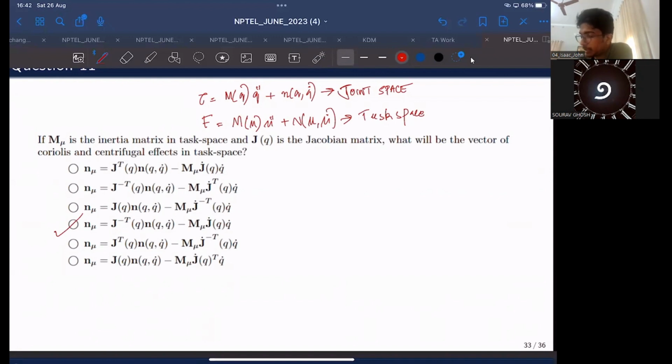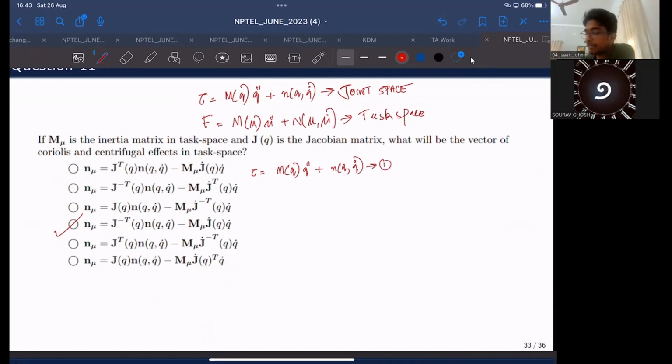Because we'll derive from the well-known equation. Tau is M of Q, Q double dot plus N of Q, Q dot. This is equation 1.